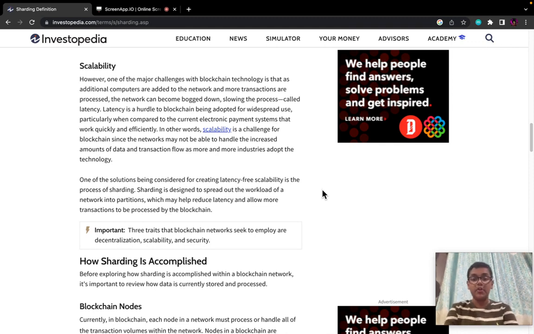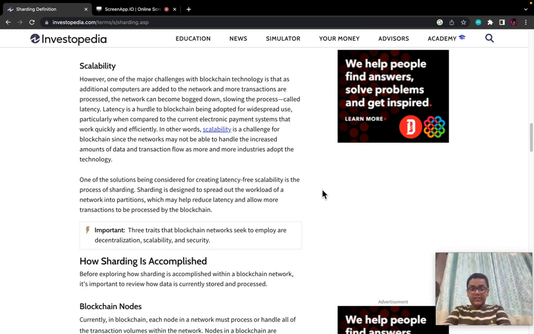Latency is a hurdle to blockchain being adopted for widespread use, particularly when compared to the current electronic payment systems that work quickly and efficiently. In other words, scalability is a challenge for blockchain since the network may not be able to handle the increased amounts of data and transaction flow as more and more industries adopt the technology.